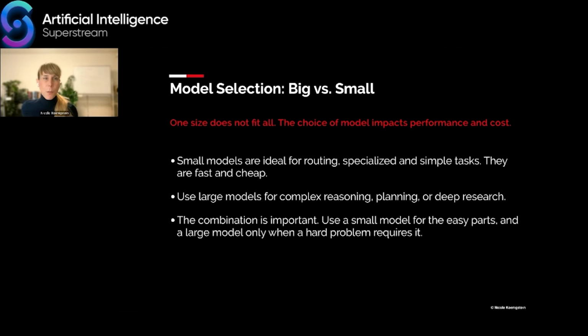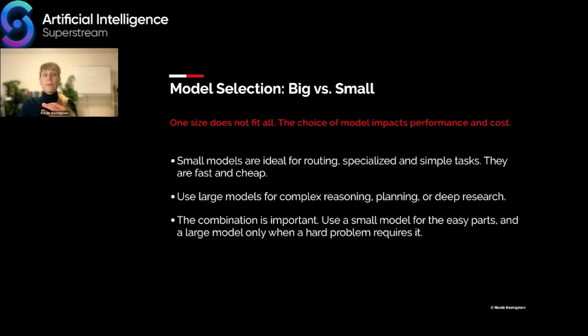And so, model selection matters. Here it's not only the architecture, but also big versus small. One size really does not fit all, and the choice of model impacts performance and your costs. Small models are ideal for routing. They are specialized for simple tasks, and they are fast and cheap. You use large models for complex reasoning, planning, or deep research.